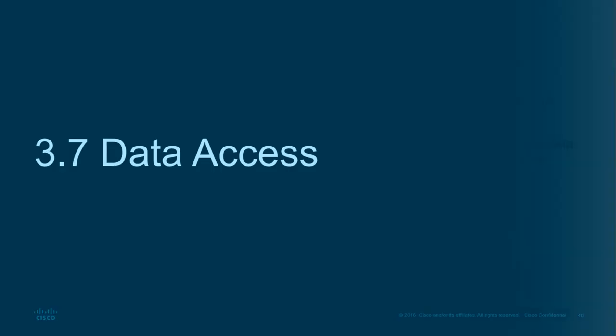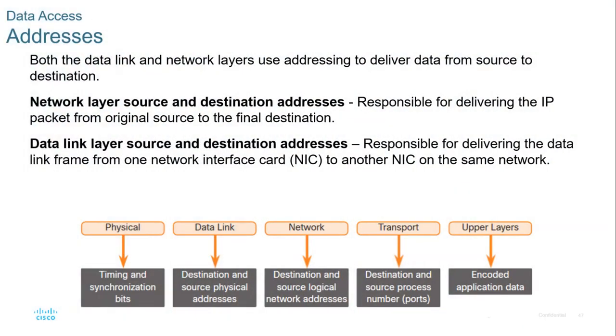Then we have data access. With data access, we expect the addresses. On a network, we have two addresses.